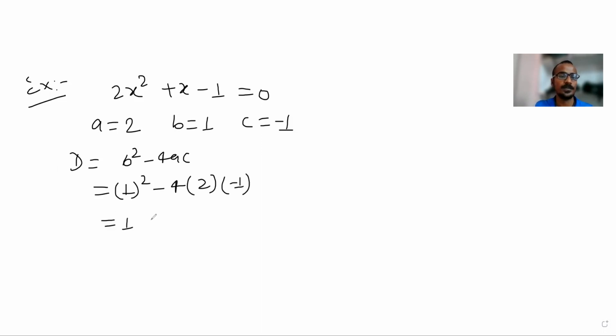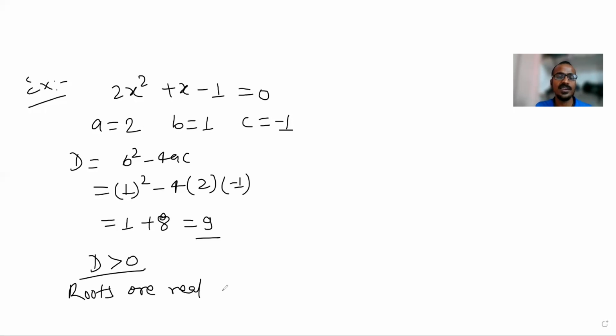What have we obtained? Plus 8, is equal to 9. What is the value of D? 9. So what do we conclude? D is greater than 0. When D is greater than 0, then roots are real and distinct.